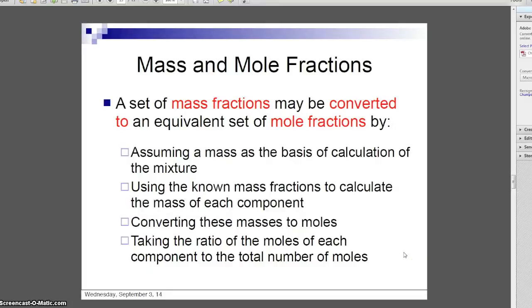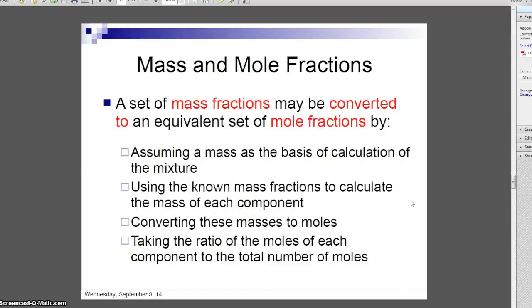And if you want to convert mole fraction to mass fraction, you just use mole fraction as the basis, then find the moles of each component, convert the moles to mass, and add up the mass of each component to get the total mass, and you get the mass fraction.